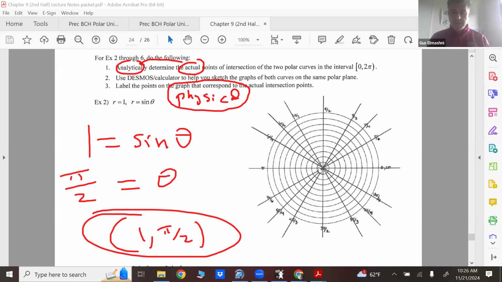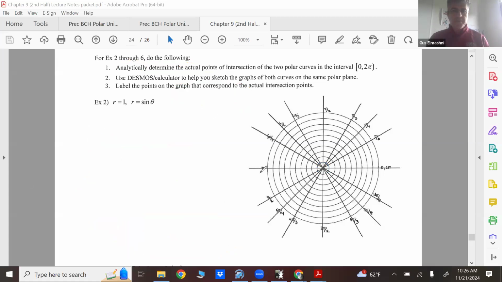r equals 1 is this. That makes sense? And then sine theta, ooh, that's tiny. Let me zoom in.